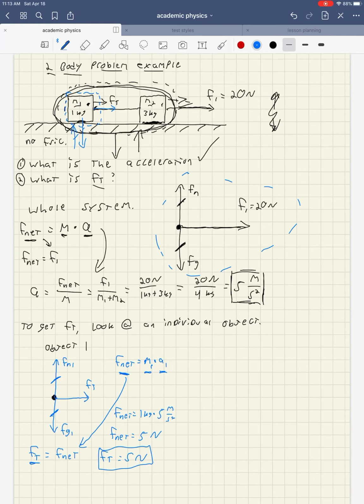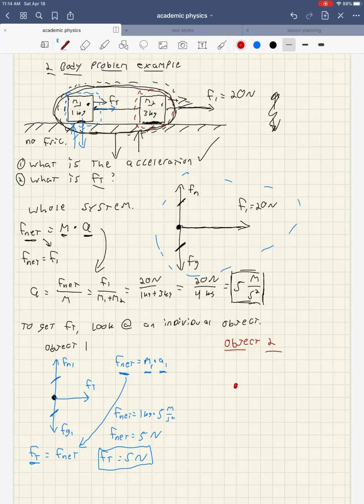So let's do it with the second object. Let's do this one in red and see if we get the same thing. So this is object 2. This one's going to be a little bit more complicated because there's an extra force acting on it, but you guys should be able to handle it no problem. So let's draw a free body diagram.